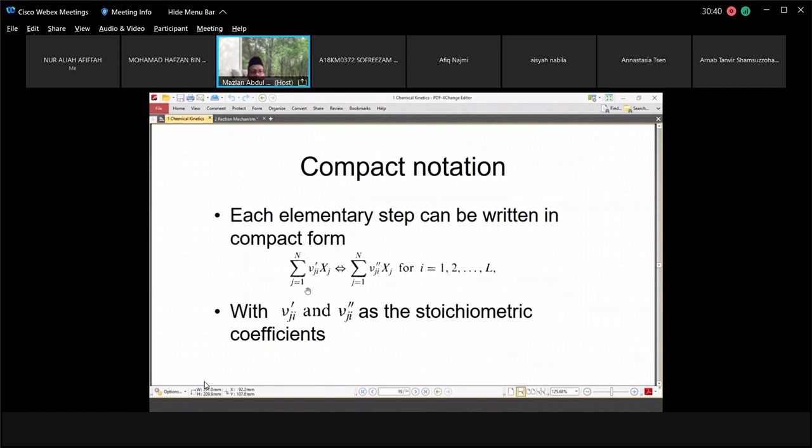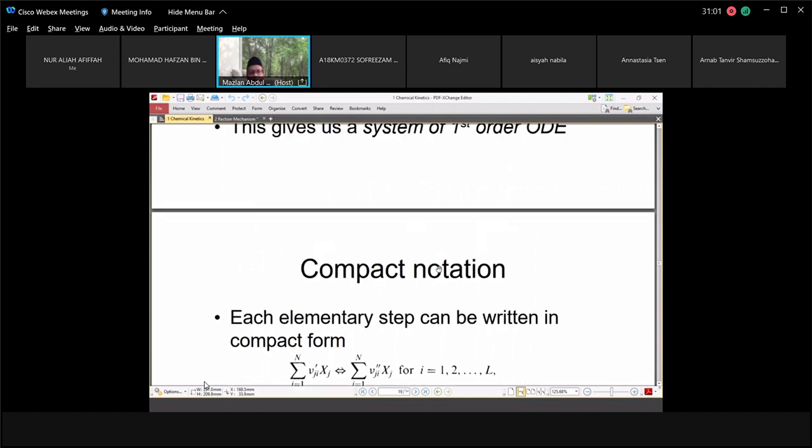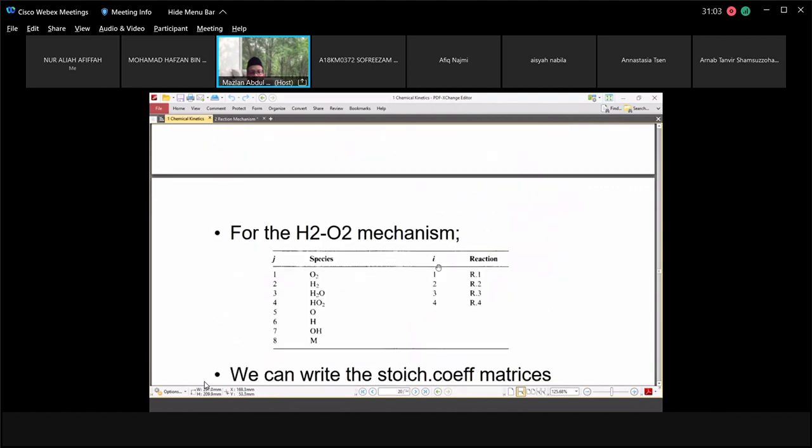If we have many elementary steps, you can repeat writing in this form from 1 till n. For example, we have 4, so I equals 4. I is the reaction, and J is the species.